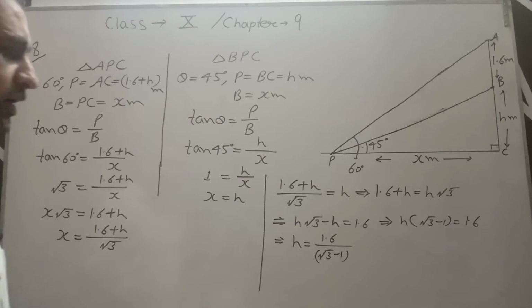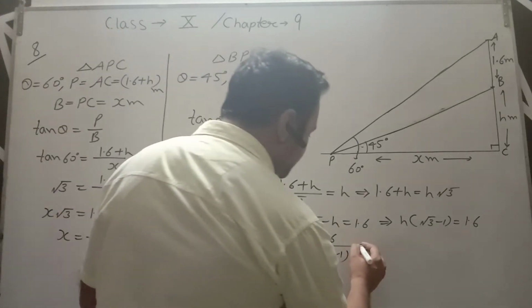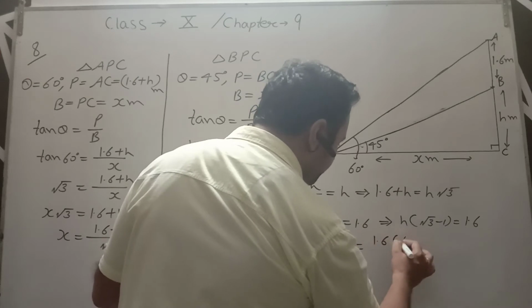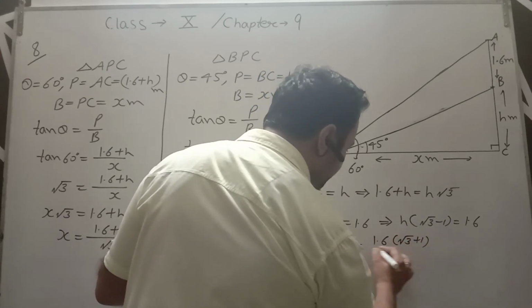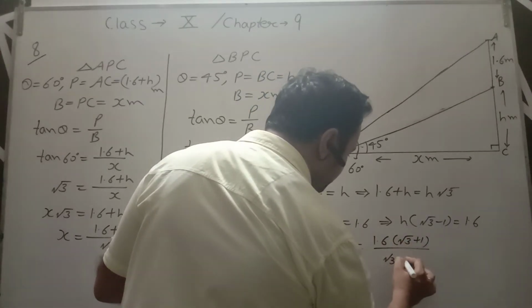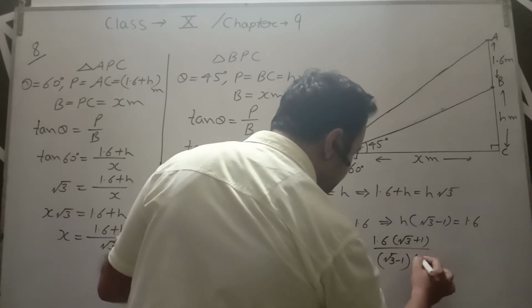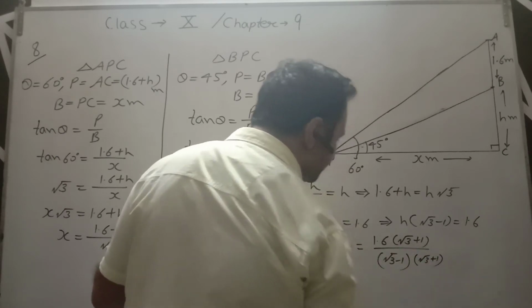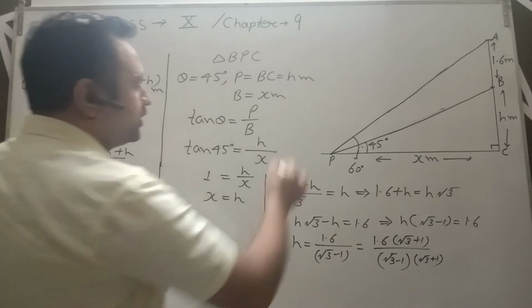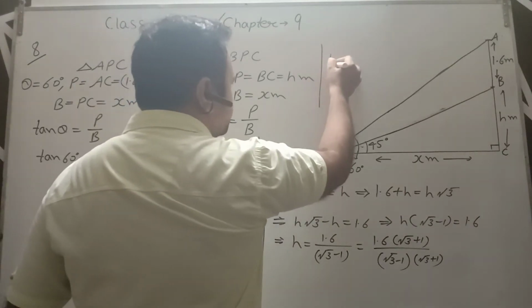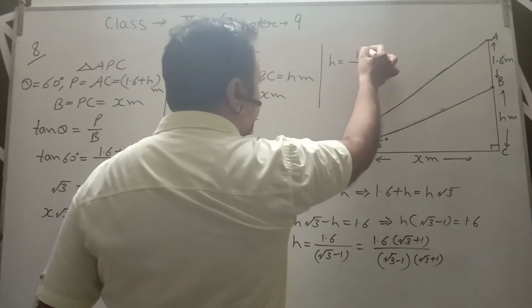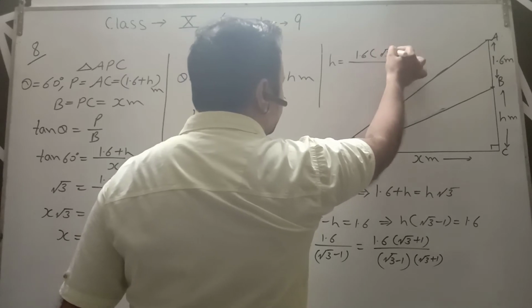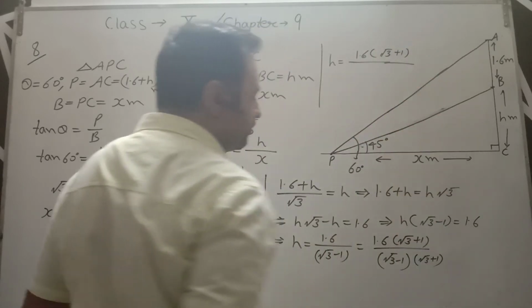To simplify it, we rationalize the denominator. So multiply by under root 3 plus 1 in numerator and denominator both. Under root 3 plus 1 से हमने multiply करी है numerator and denominator both. So h is equal to 1.6 in a bracket under root 3 plus 1 in the denominator.